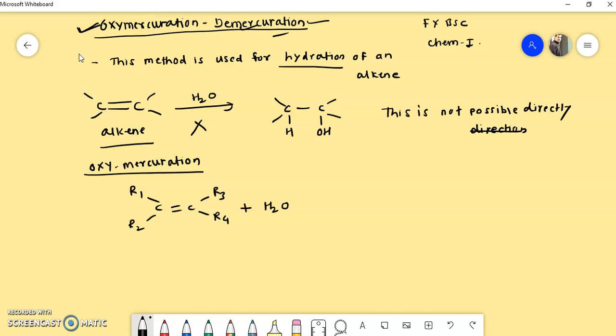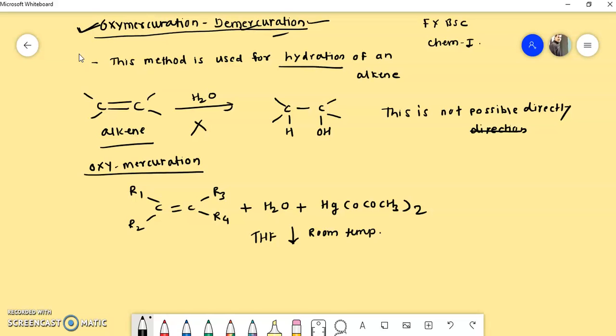For that we have taken the reagent Hg(OCOCH3)2, that is mercuric acetate. So this is the reagent which is taken here. If we use THF as a solvent and room temperature condition, we get a hydroxymercurial compound like this.